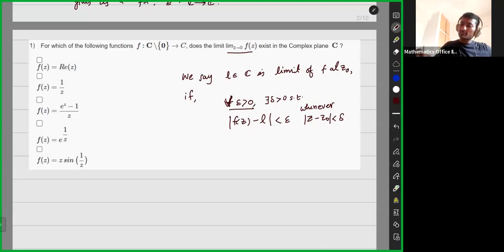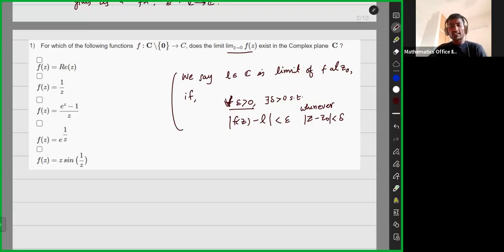So from the picture, it will be clear that given any epsilon positive, we should get a delta, whenever z is very close to z naught. Do you understand this definition? Okay.